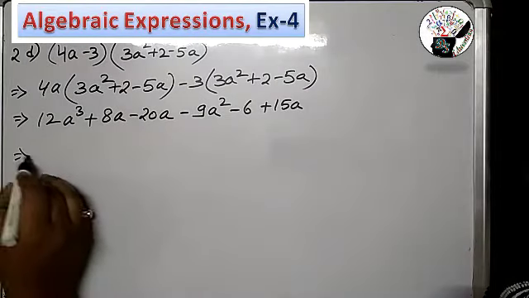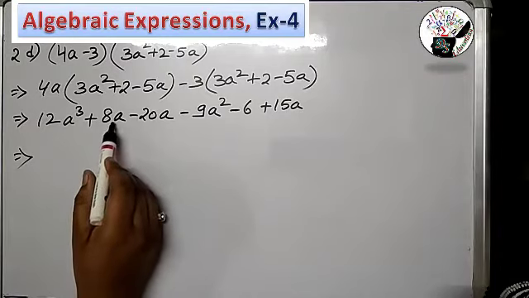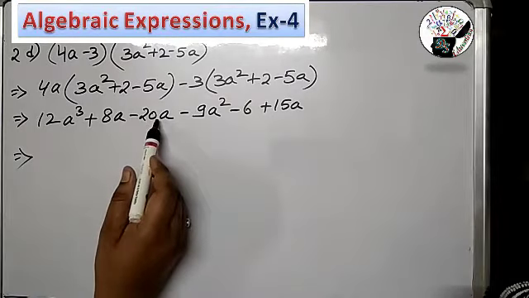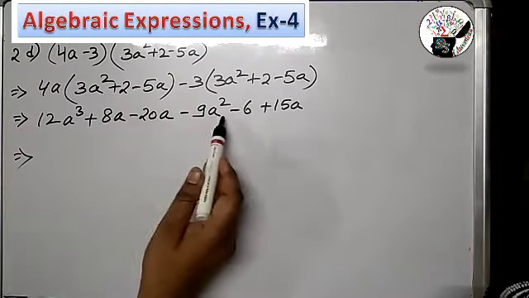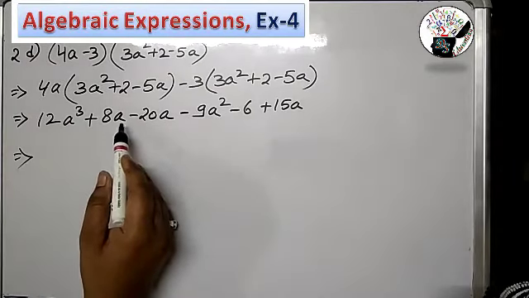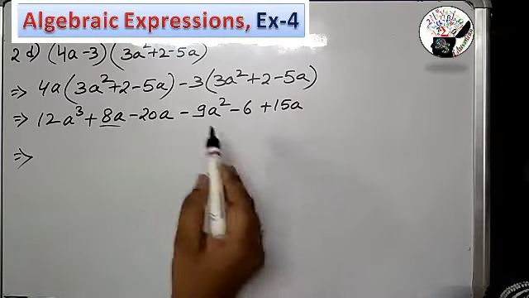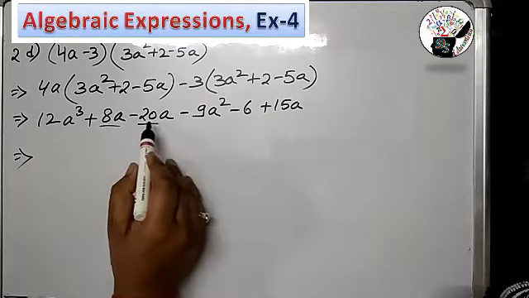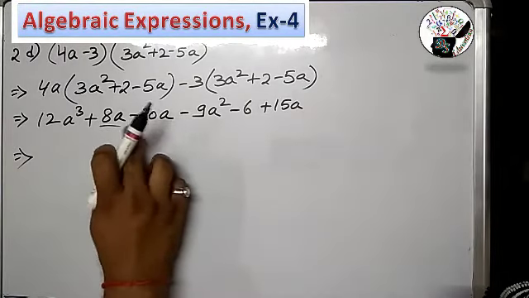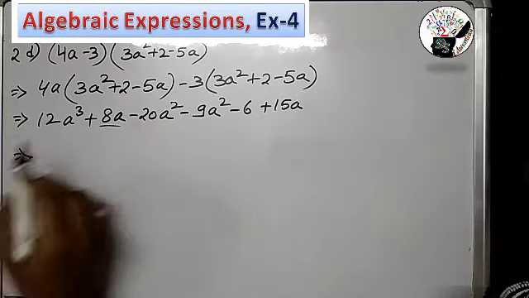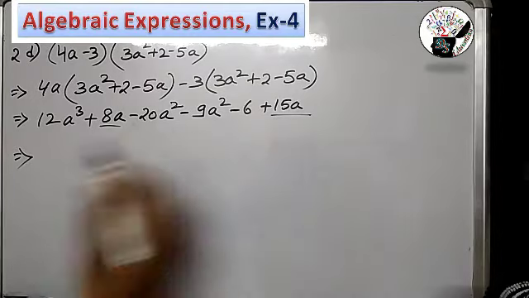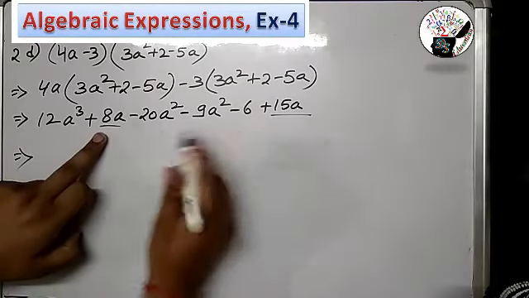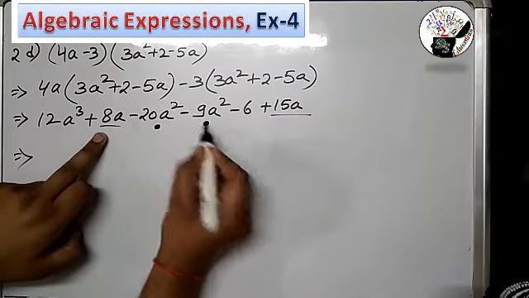Next line, here we will see 8a is over here, 20a is over here, and 6 is over here. So we will first find which are the like terms. 8a is there, 20a is there, sorry, it will become 20a square, 4 5s are 20, and 15a is like. First we will add these two, and then we see these two are like terms.